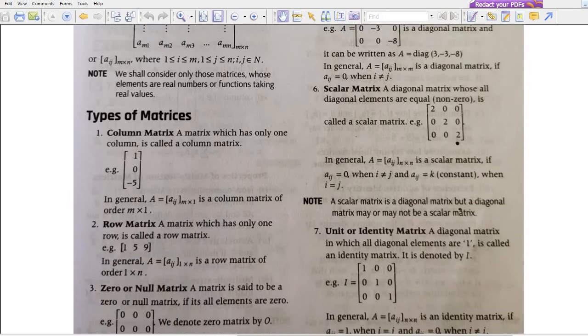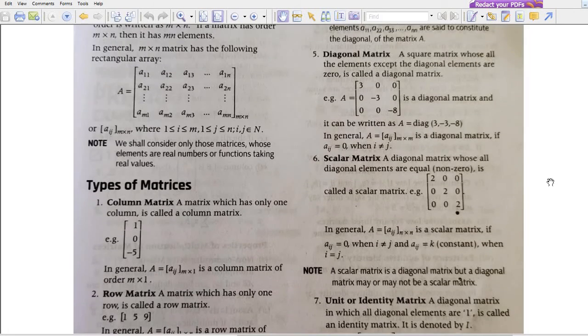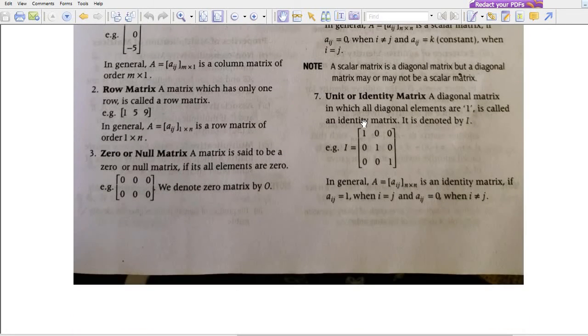So next one is scalar matrix. A diagonal matrix whose diagonal elements are all equal is called a scalar matrix. See this matrix, all the diagonal elements are the same. So that's why it is a scalar matrix. Next one is unit or identity matrix.